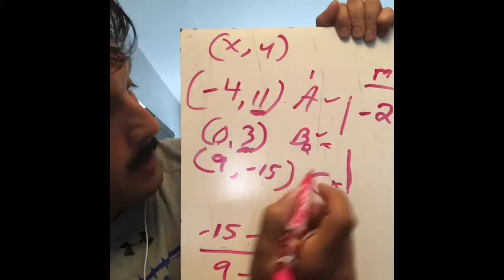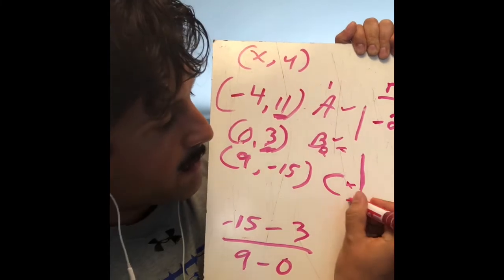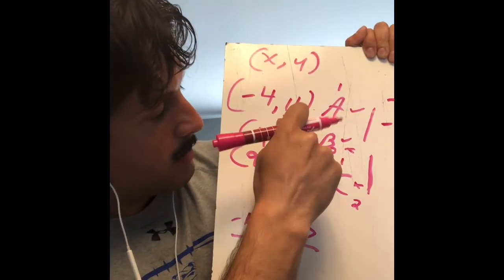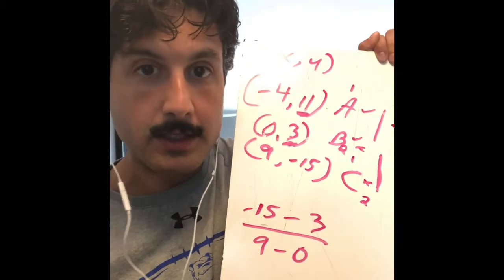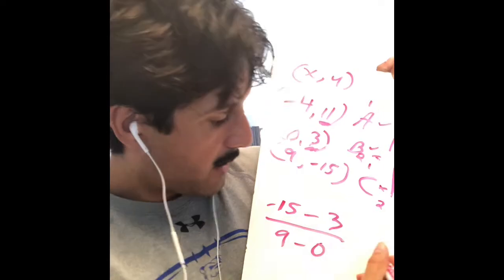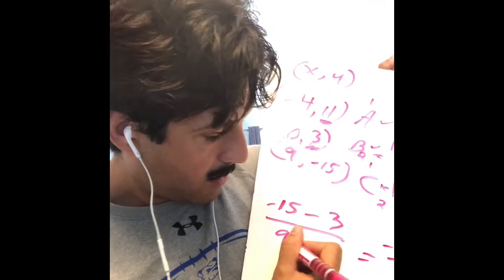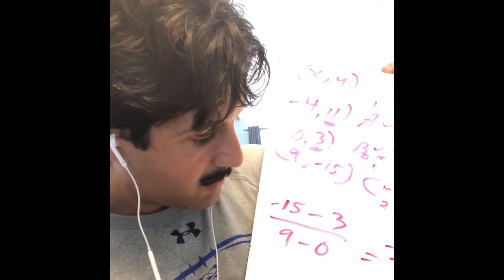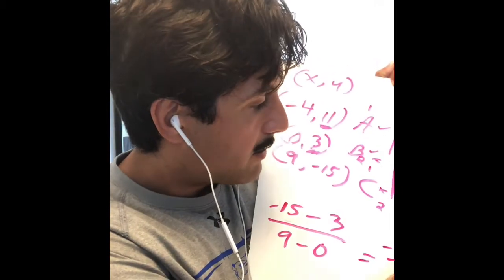So again, 0, 3, that's x and y. We're calling this point 2, this point 1. y2 is negative 15, and y1 is 3. So negative 15 minus 3 is negative 18. And 9 minus 0 is 9. 18 divided by 9 is 2, and it's negative 2. So that slope is negative 2.